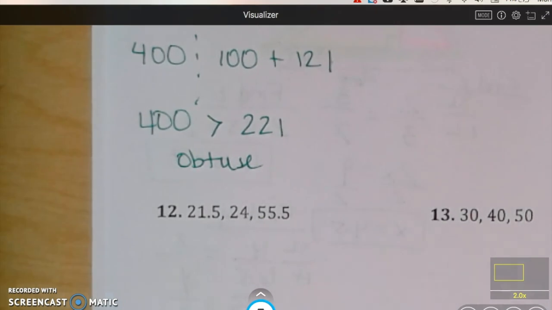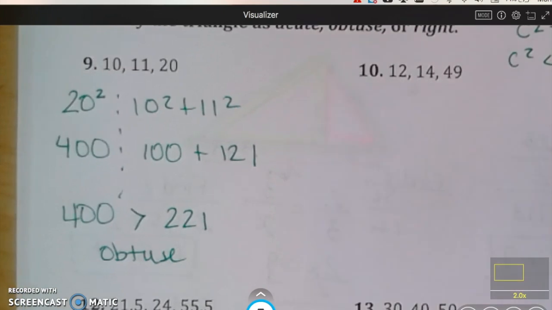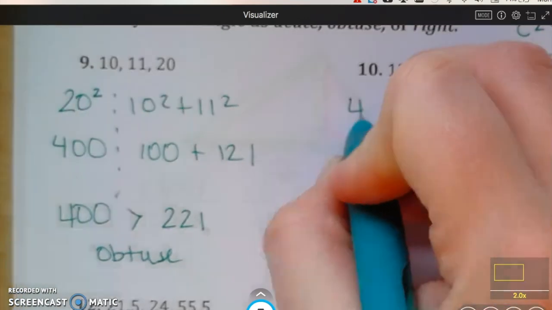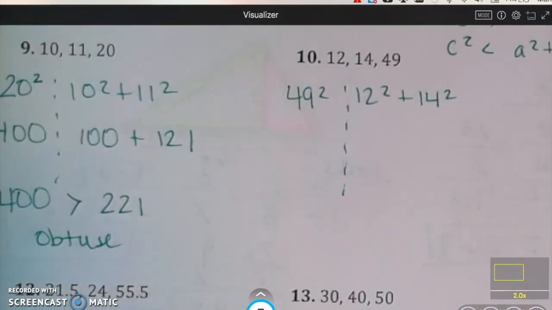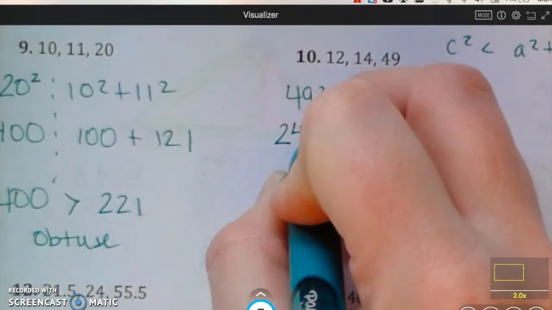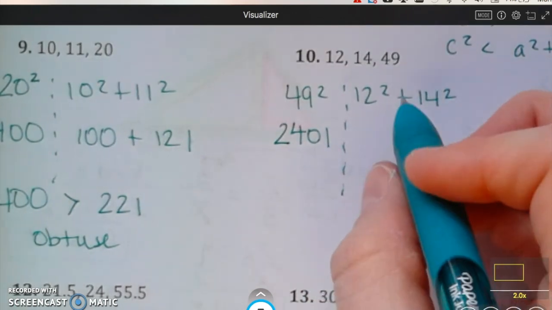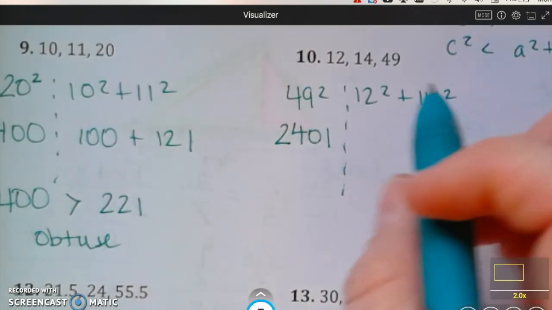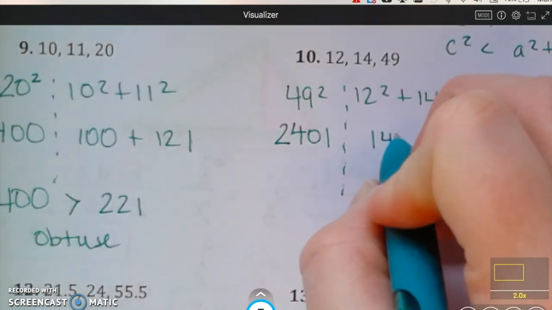All right, let's look at number 10. My hypotenuse is 49. And then I have 12 squared and 14 squared. This gives me 2401. And 12 squared is 144, 14 squared is 196.